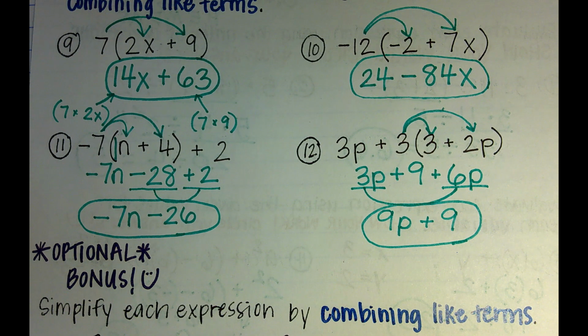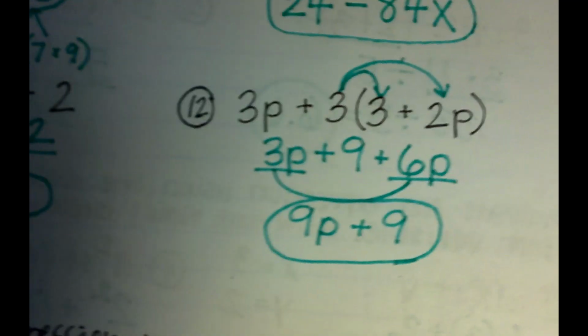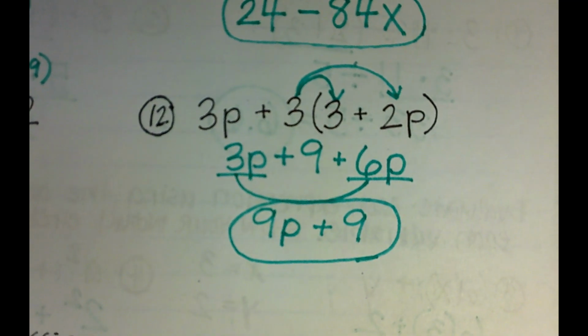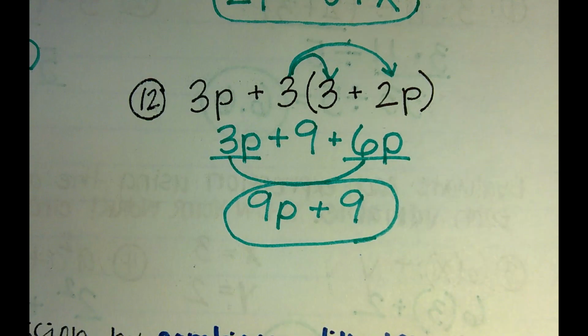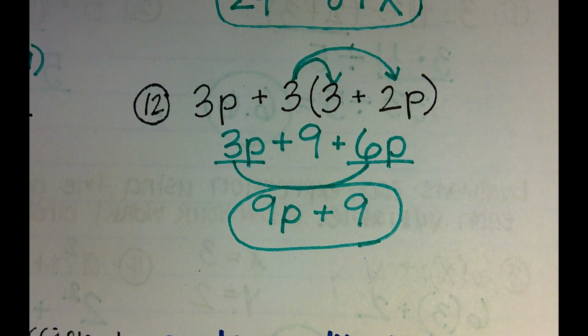If you need to move forward or I can zoom in better, maybe that would help. Okay, good. All right, so there's number 12. Do we have any questions about any of the problems we've done so far?